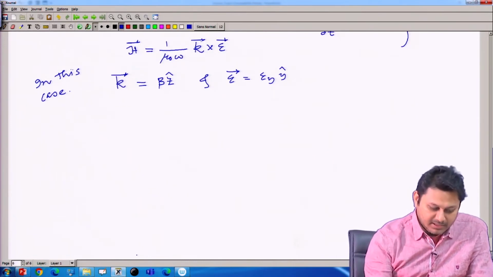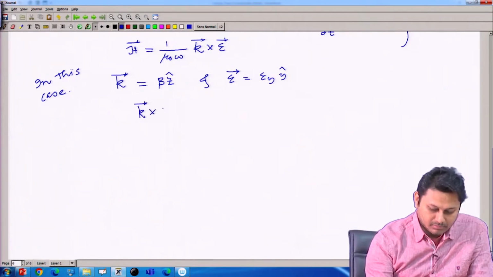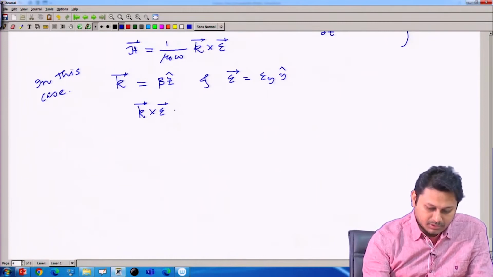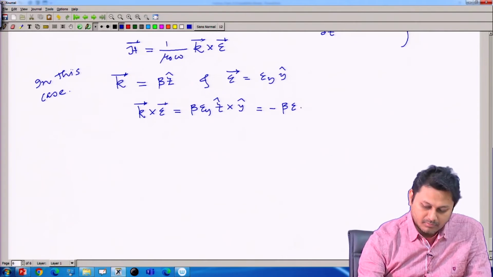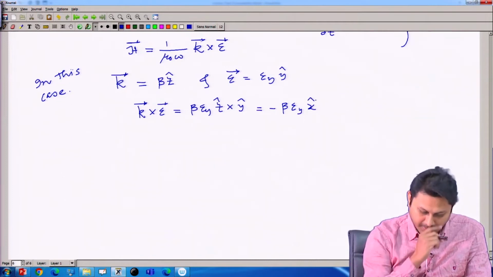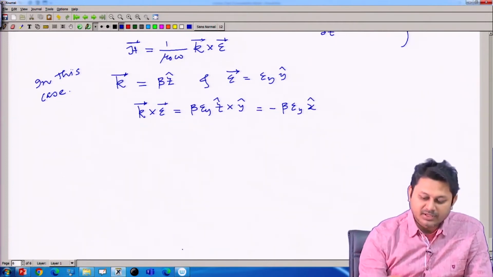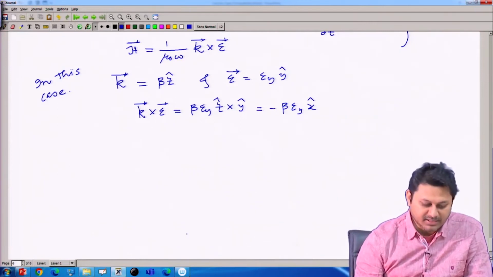So, the k cross E is how much, because it is beta. So, beta E y, it should be z cross y. So, we have minus of beta E y, and then it should be along x direction. So, using the vector identity, I can have this. So, k cross E is this quantity.